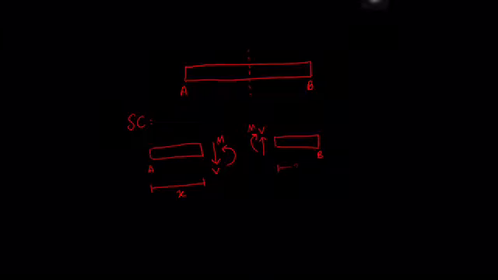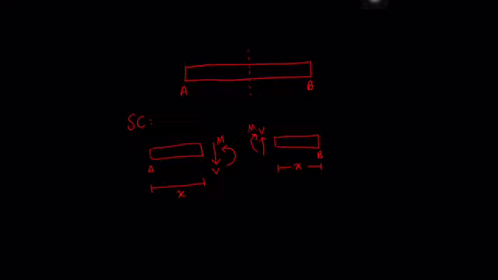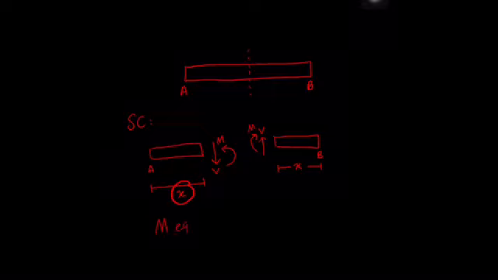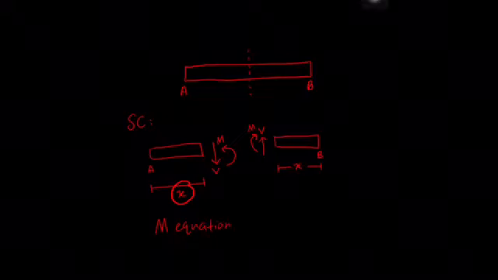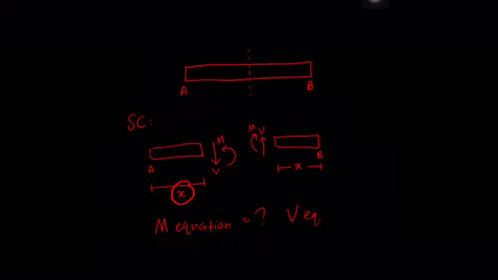The distance we call x, because in this chapter the distance where to cut the segment is not given, so you need to assume it as x. From this sign convention, from this x, you can develop the moment equation and also the shear equation.